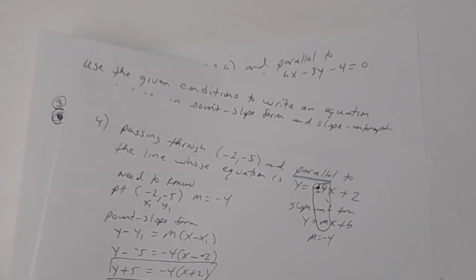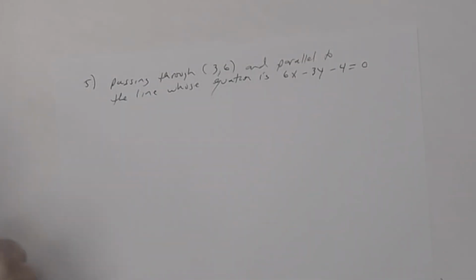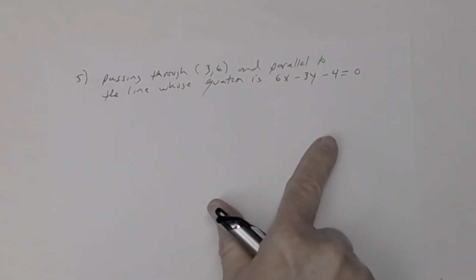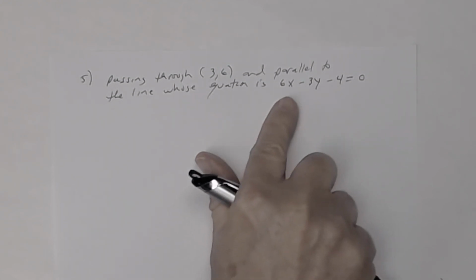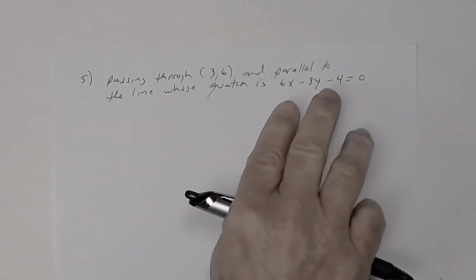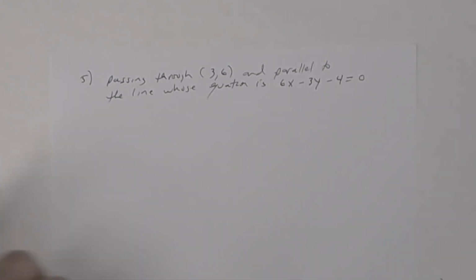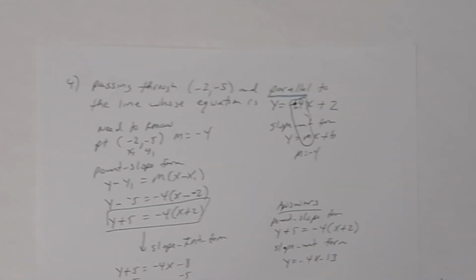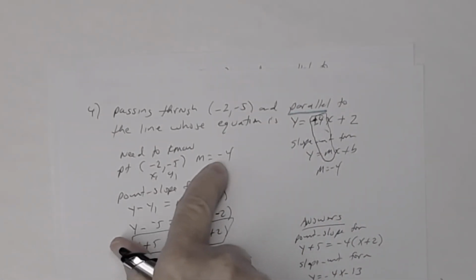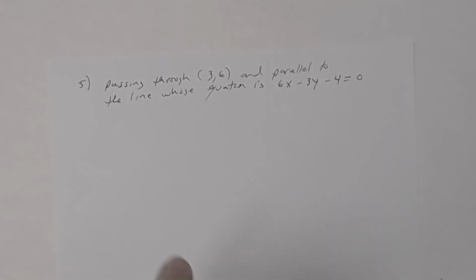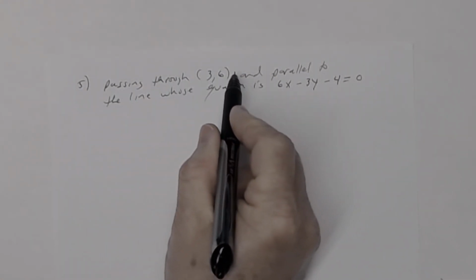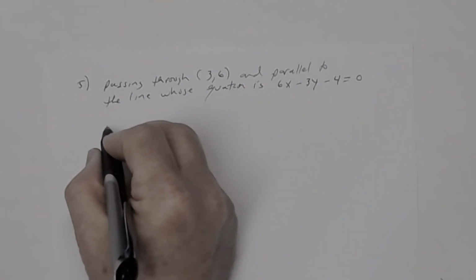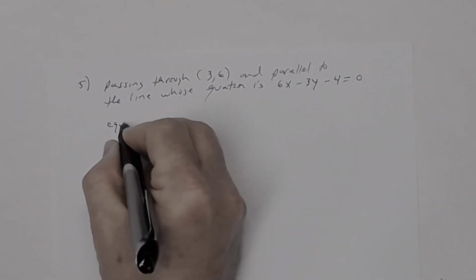The difference between these two and the one we're looking at right now is that this equation is not in slope-intercept form. So there's a little bit of work involved in order to determine the slope. All right. Okay, so let's look at that. So I want to find the equation of the line that passes through or contains that point.